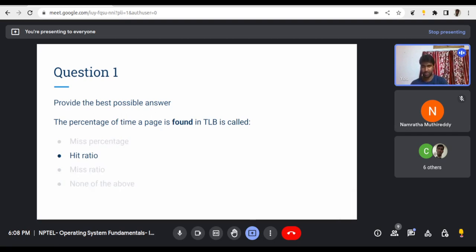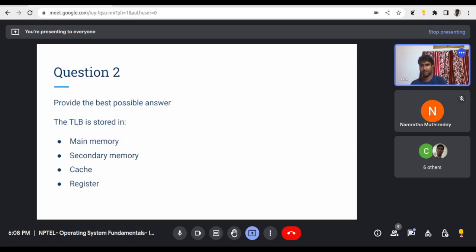So what a translation look aside buffer does is that it stores a part of the page table. Since the page table needs to be stored in the memory due to its size, getting a page requires two memory accesses. First memory access is from the page table, and then the actual frame is picked up from the main memory.